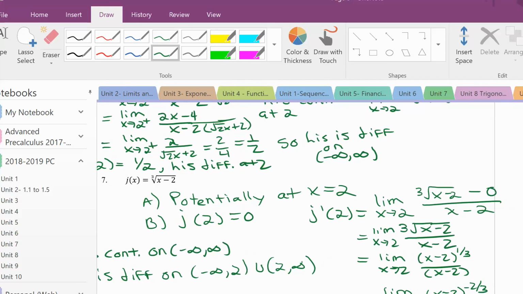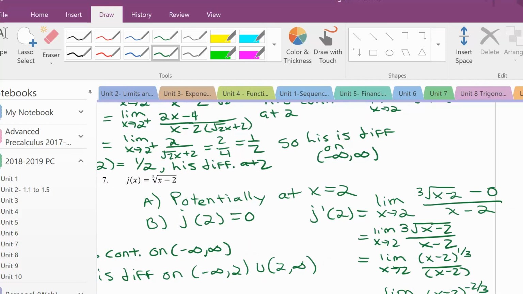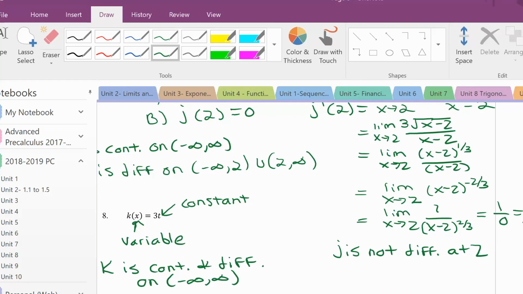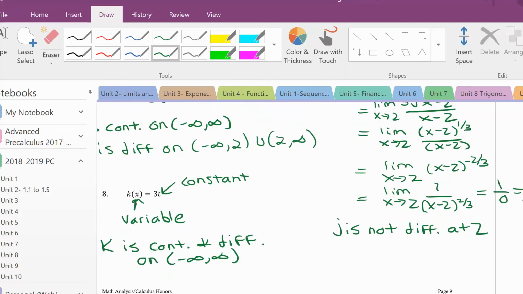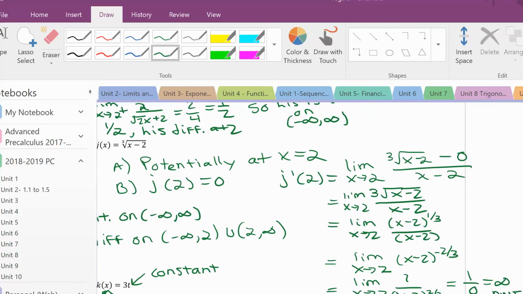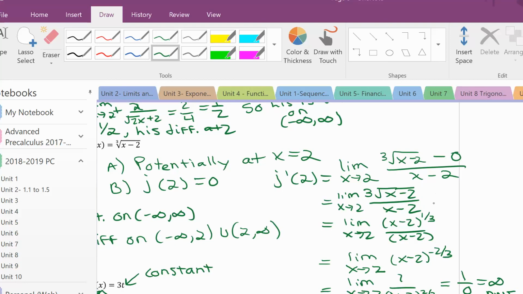For the next one, for the cube root, the turning point would be 2, so that's potentially where it's not differentiable. J of 2 is 0. When you find the limit, it means it's continuous at 2, so it means it's continuous everywhere. However, when you find the limit to find the derivative at 2, notice it's the cube root of x minus 2 minus 0 over x minus 2.